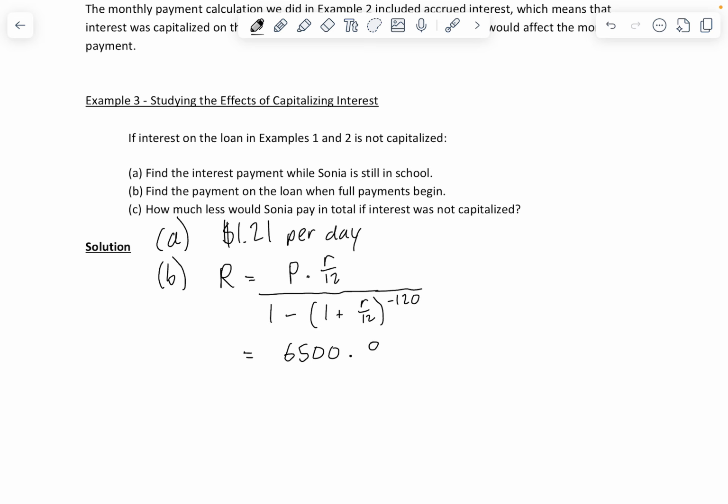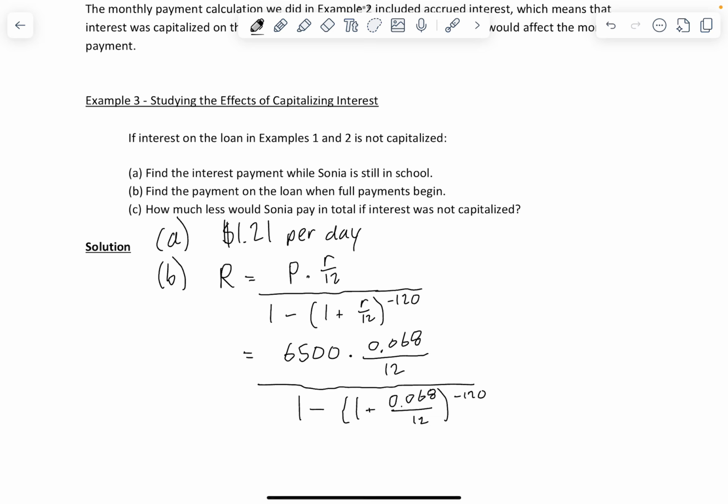Okay. Interest rate is still 0.068, 6.8%. Okay, so nothing else changes here. If you do this calculation, you should get $74.80.